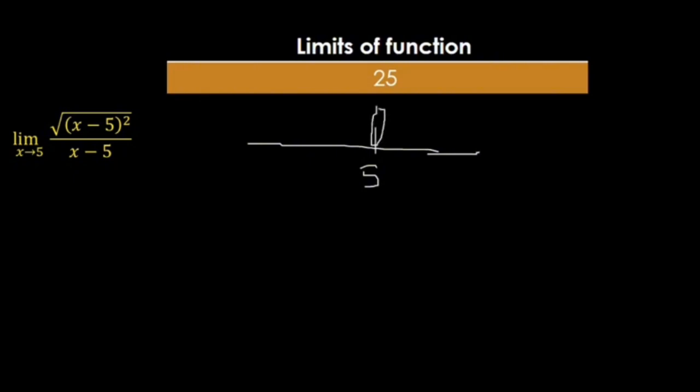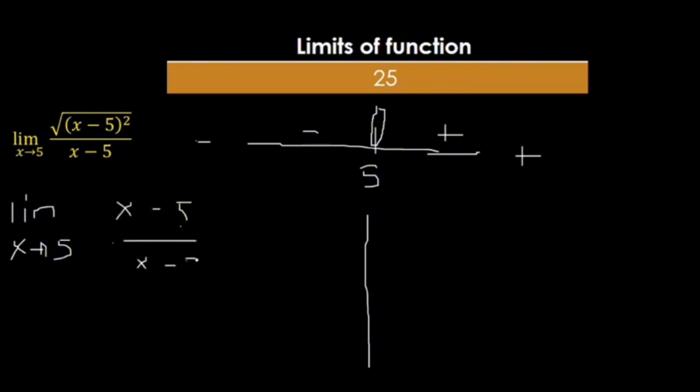Here is 0. 5 minus that, here is negative. Here is positive. Okay, we take for the positive part of it. There is limit x tends to 5 of what? x minus 5. Okay, we take the positive since the magnitude all over x minus 5. The answer will be equals to 1.